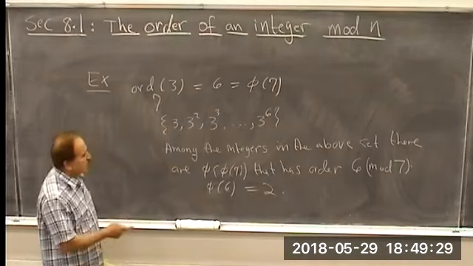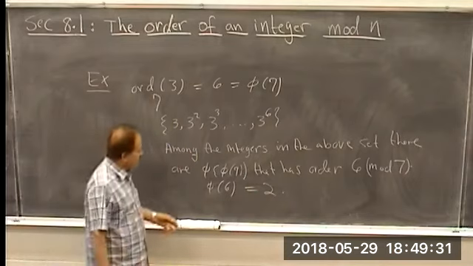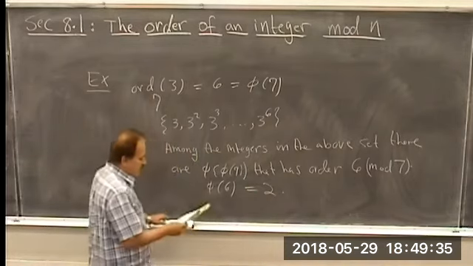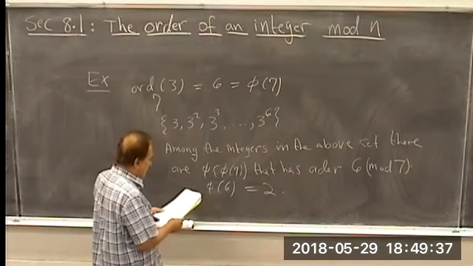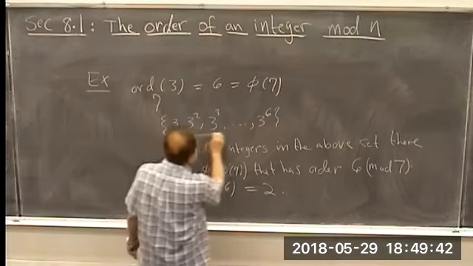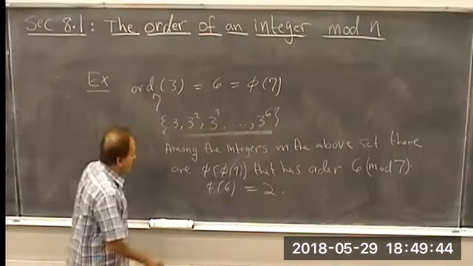The only two numbers relatively prime to 6 between 1 and 6 are 1 and 5. Now, which are the integers among these that have order 6?